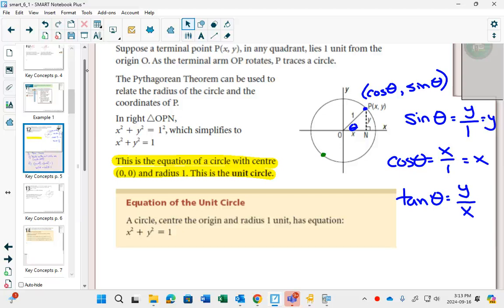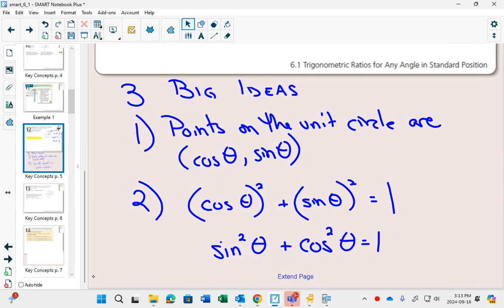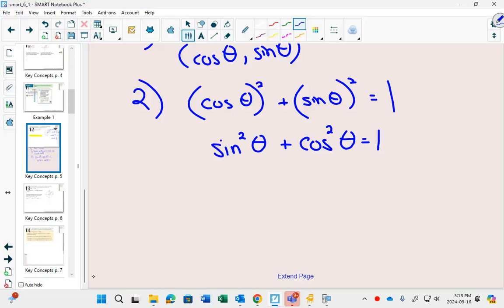And big idea number 3 says that if tan of theta is y divided by x, and y is sine and x is cos, it is always therefore going to be true that tan of theta is sine of theta divided by cos of theta.